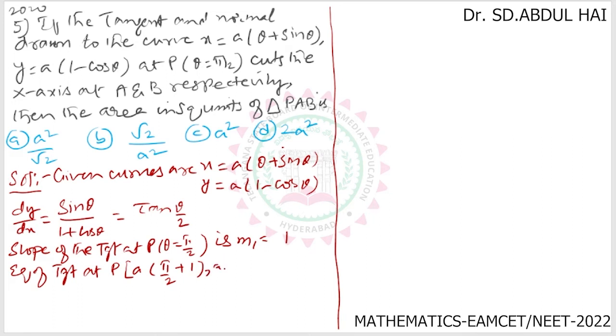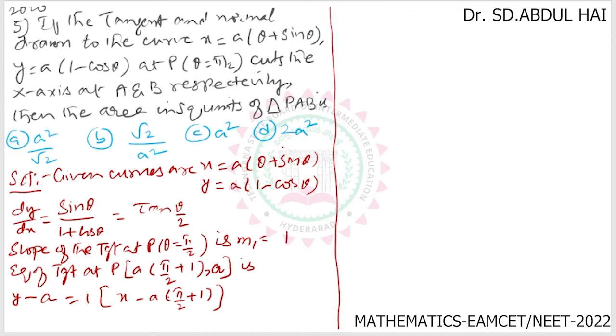So this is the coordinate x, y. y minus y1, what is y1? a, is equal to m. m is nothing but 1, into x minus x1. What is x1? a into pi by 2 minus 1. Okay, so this is the equation of tangent.